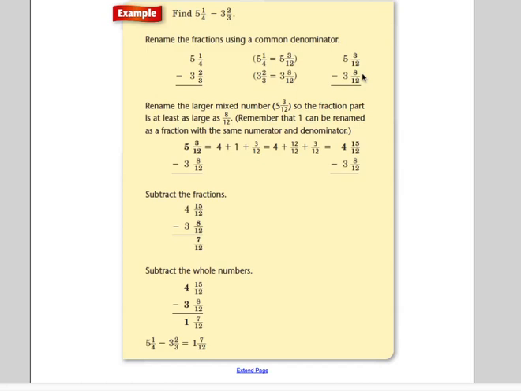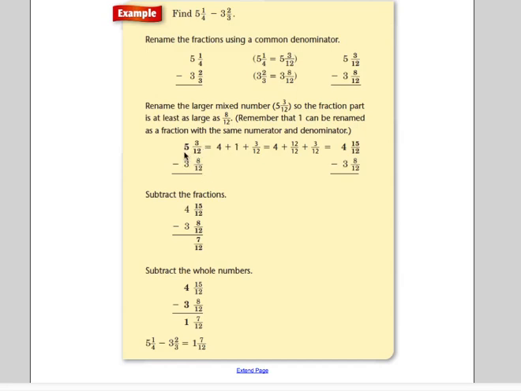So before I can subtract, I'm going to have to take 5 3/12, and trade in one of the wholes from the 5 to make my fraction part have a larger numerator. So I need to rename 5 3/12 so that the fraction part is at least as large as 8/12.